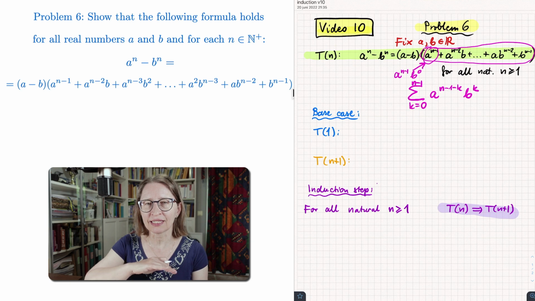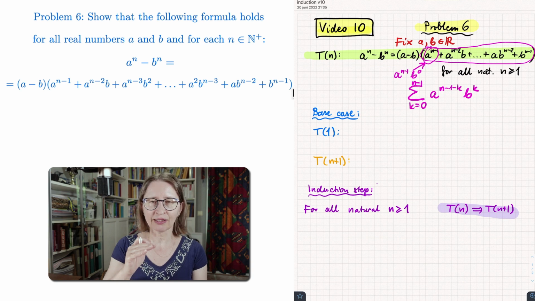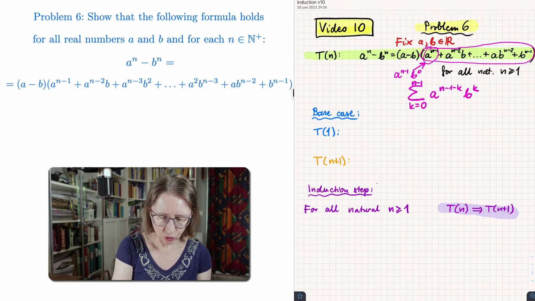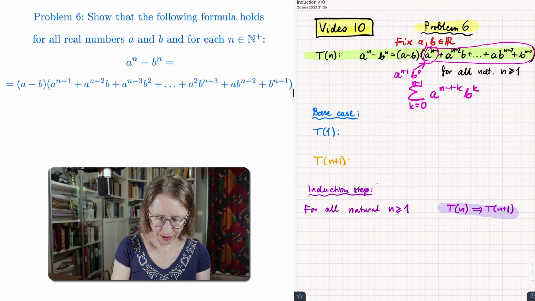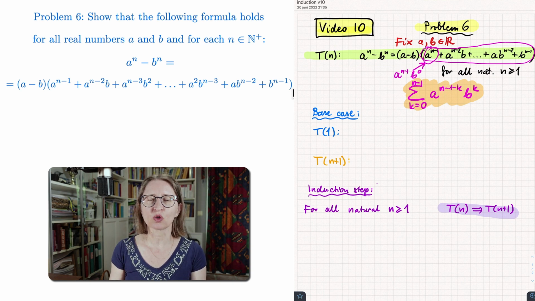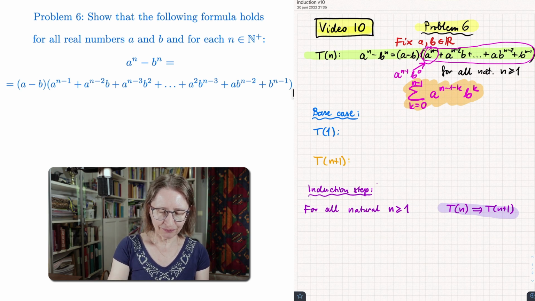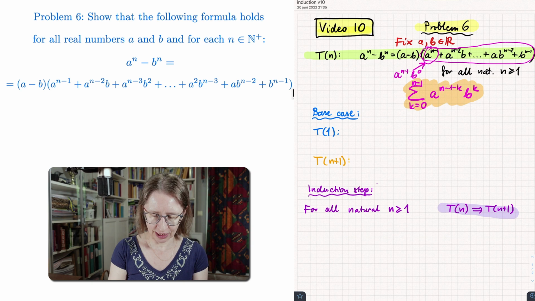So the exponents at b are increasing from 0 to n minus 1, and exponents at a are decreasing from n minus 1 to 0. If you look at this sum in this way, you will also understand very well that you have n terms in such a parenthesis.